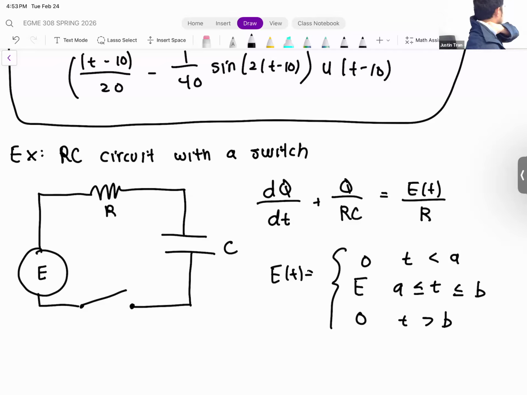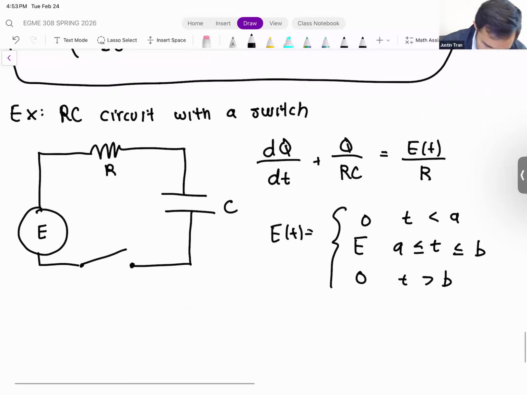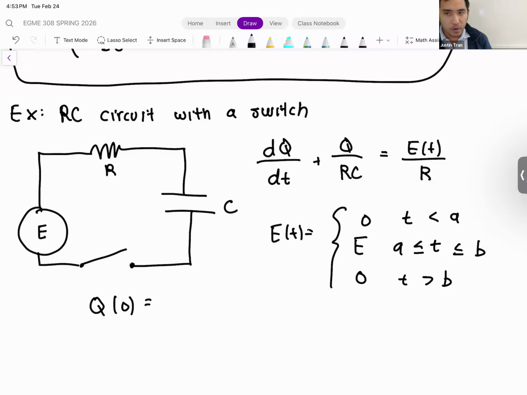And then the last piece of information we need before we start solving is the initial condition. Unlike the previous problem, we are going to assume that we do have an initial condition here, so it's not just going to be 0.